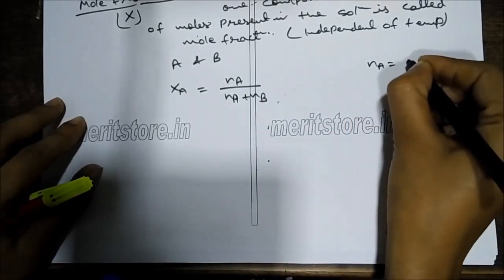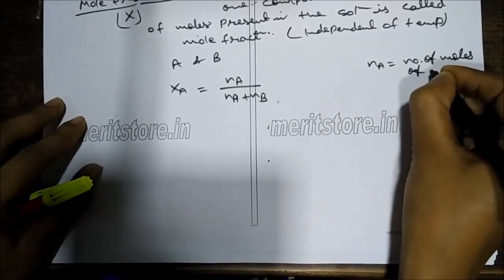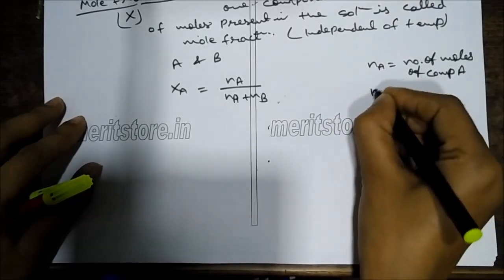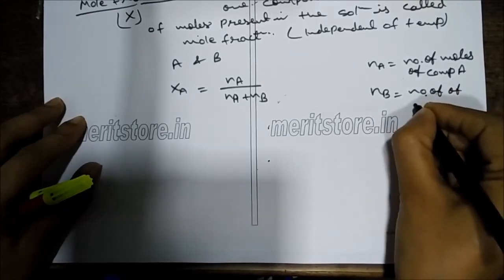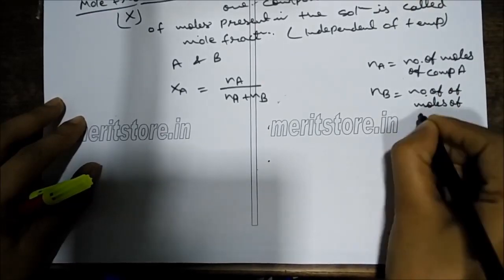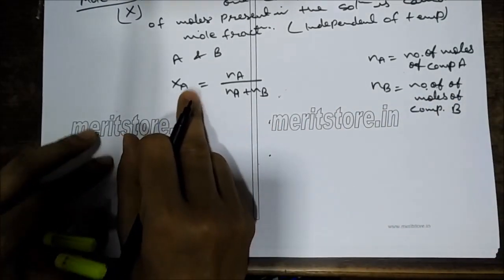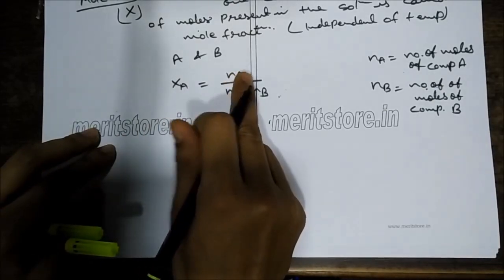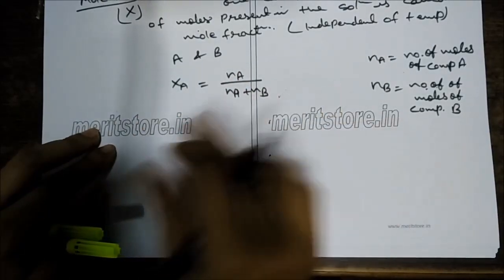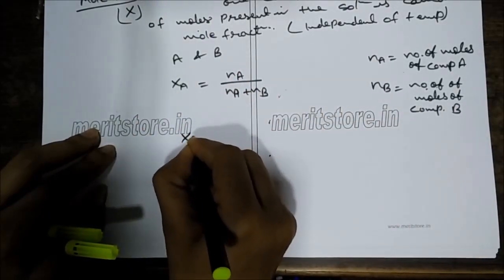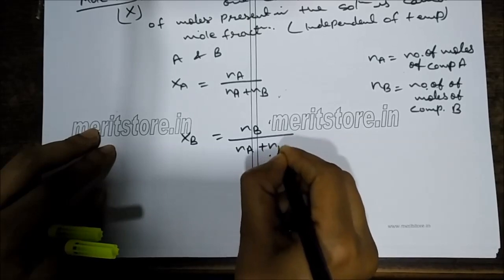Na is the number of moles of component A, and Nb is the number of moles of component B. So the mole fraction of A is equal to Na, the number of moles of component A, upon the total number of moles of components A and B, and the mole fraction of B will be Nb upon Na plus Nb.